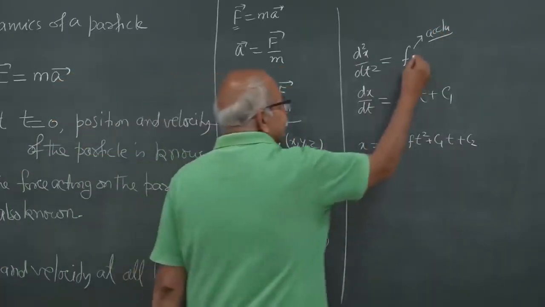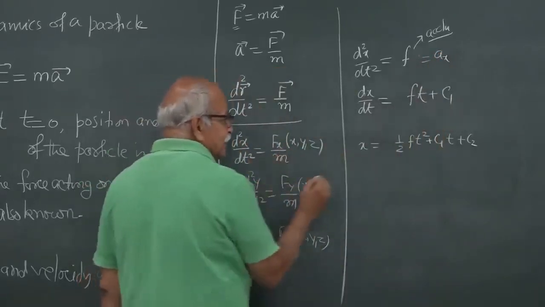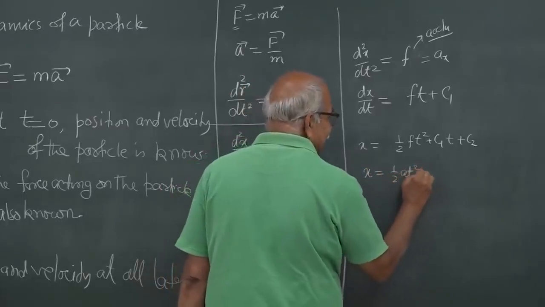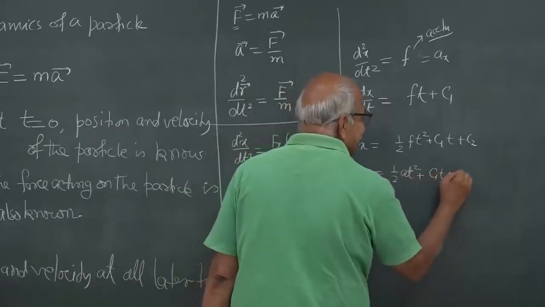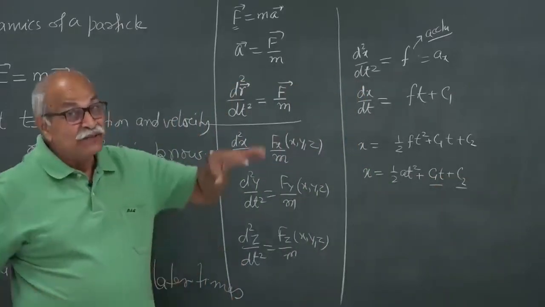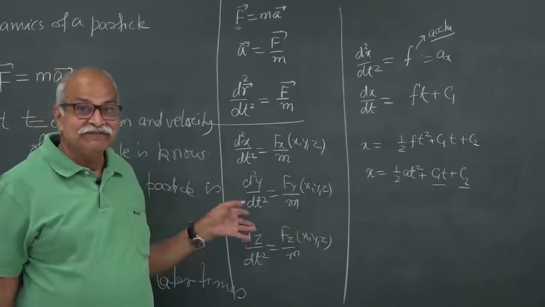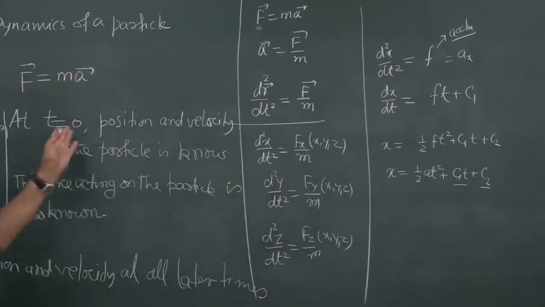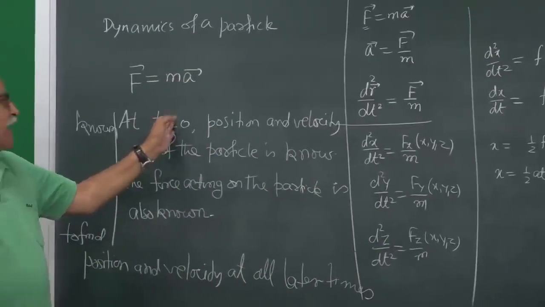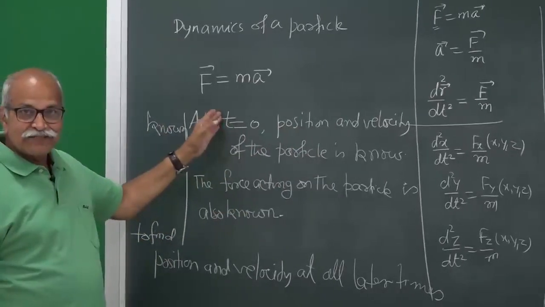So if you write Fx by m as ax, your x is equal to half a t squared plus c1 t plus c2, and these two constants are not known as such with this much information. So what you need is, at t equal to 0, that means at some instant, I know the position and I know the velocity, and I am calling that t equal to 0.